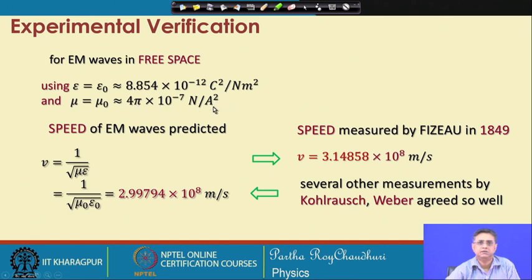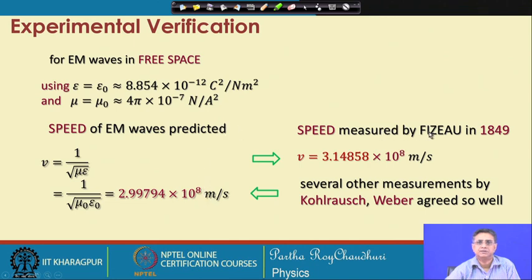These are very usual, and using these two numbers, the speed of the electromagnetic waves could be predicted by plugging into this equation. If I use these numbers, then the speed of the electromagnetic waves will come out to be this.